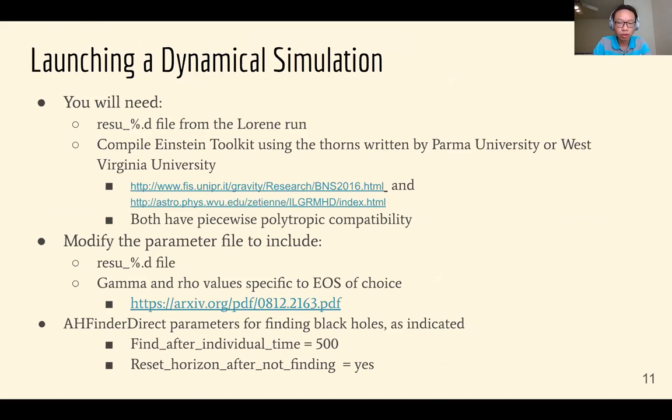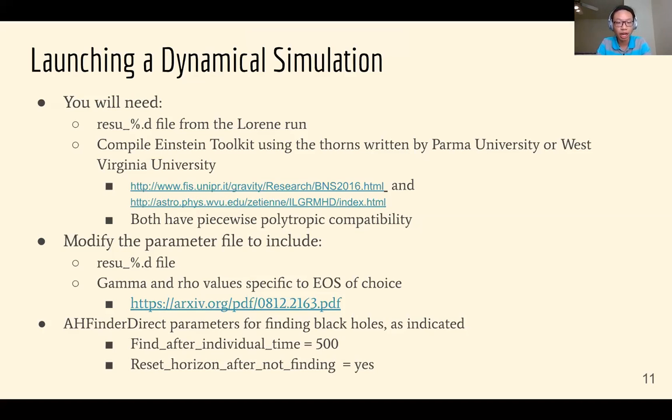Okay, so to test the validity of our initial data, we launch dynamical simulations of the initial data that we generated, using the Einstein Toolkit and Illinois GRMHD.